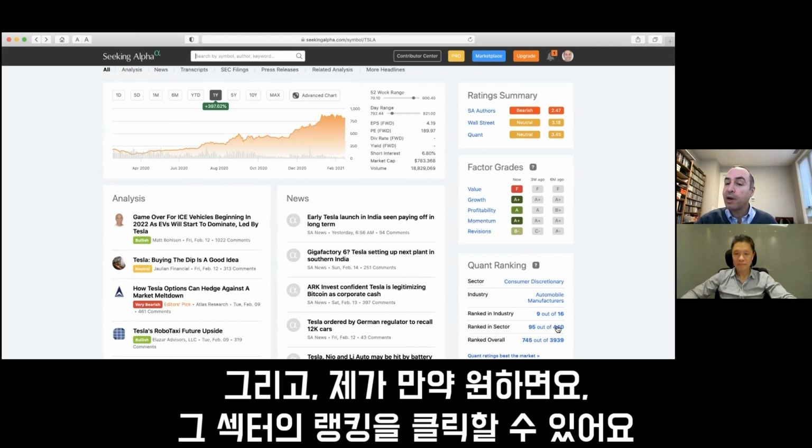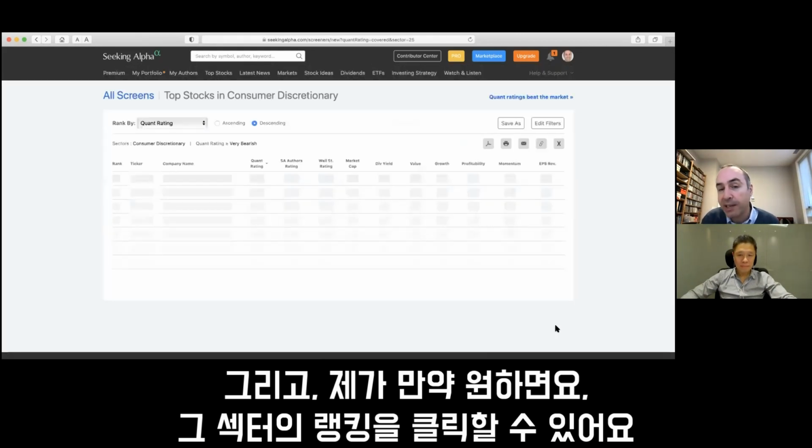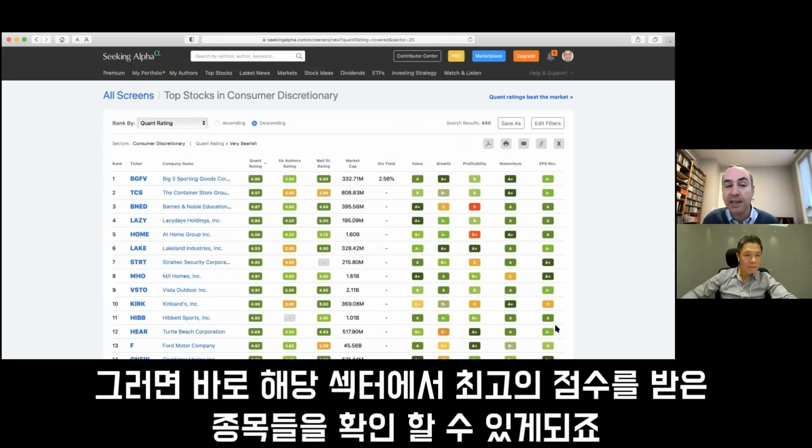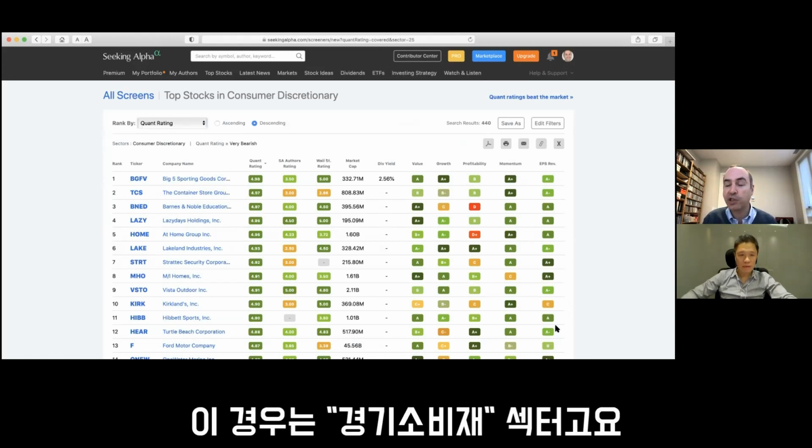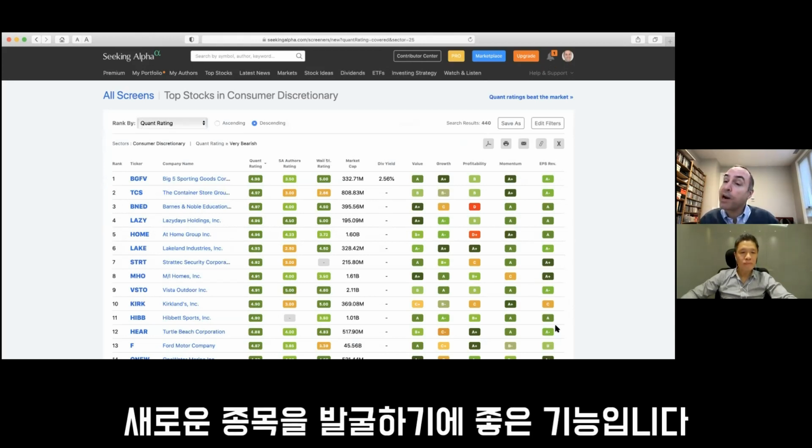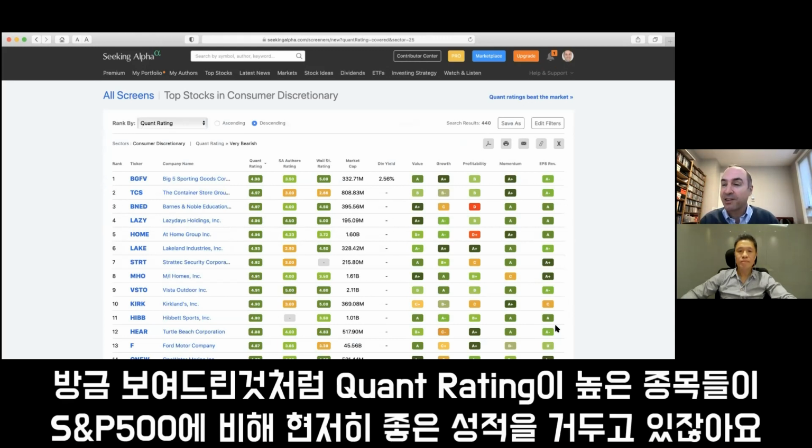This allows me, if I wanted to, to click on the rank in the sector, and here I can immediately see all the top ranked stocks in this sector, which is consumer discretionary. And this is a great way of discovering stocks. I just showed you before that the very bullish stocks, which are quant rated, massively outperform the S&P 500, the market.